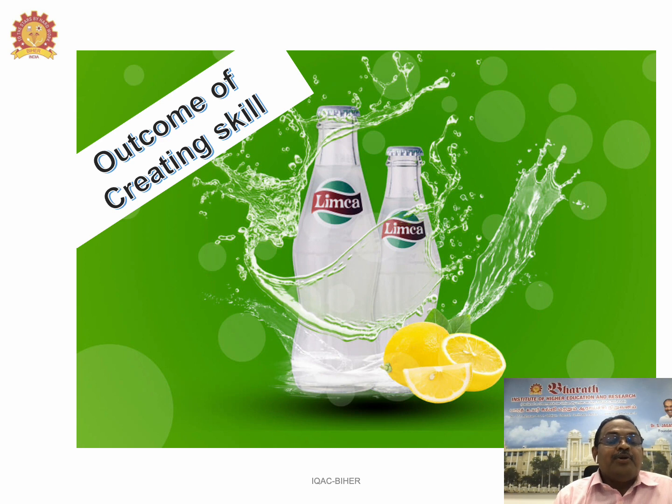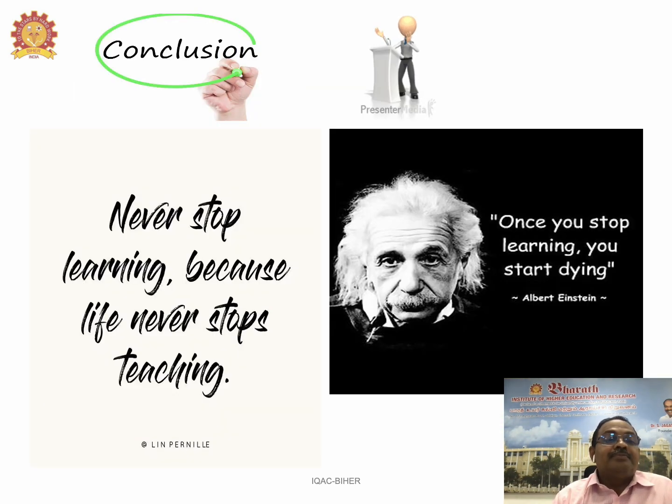So in the cognitive domain, learning is possible when it starts from the lower level and goes to the upper level, from basic thinking to critical thinking. You must understand that learning always happens step by step, from stage to stage, from remember to creating. So in conclusion, don't stop learning. Learning is always from the beginning to the end.